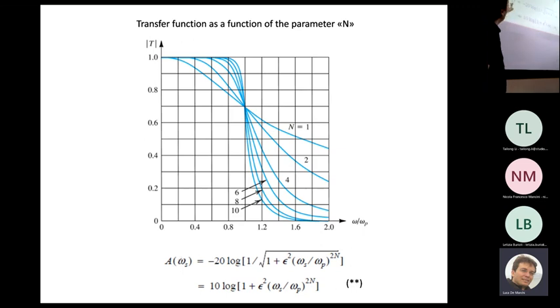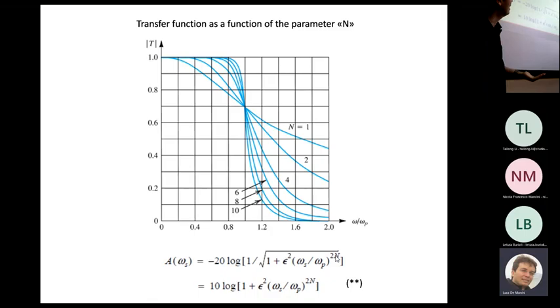What you can try to do, if you have a monotone descending function, is to look at the very limit of the stopband region, because this is the highest possible value that you have in this region. So you compute the attenuation in this region by exploiting the formula that we have seen in the previous slide. And here the dependency on the order of the filter is clearly highlighted.